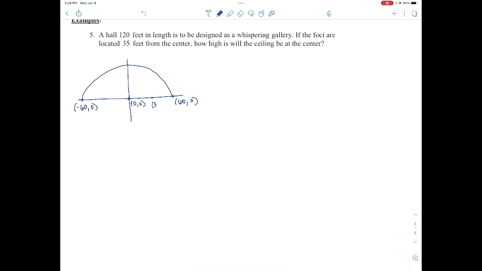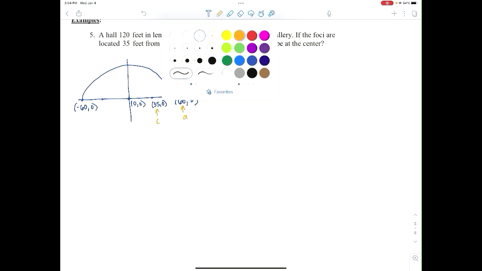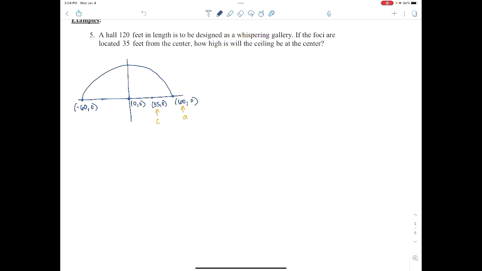So we have 35 here, same over here. So what are some things that we know? Well, we know that this is our A value. We know that this is our C value. And we want to know how high the ceiling is.